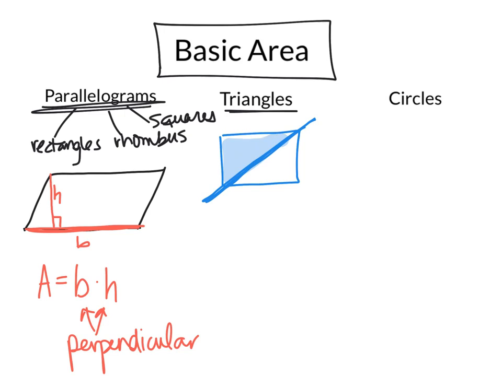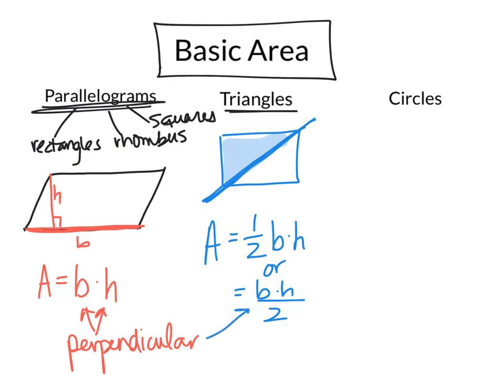So the formula for a triangle for area is area equals 1/2 base times height. Or some of you might prefer to do base times height divided by 2. And I don't care which one you do. Again, base and height need to be perpendicular.